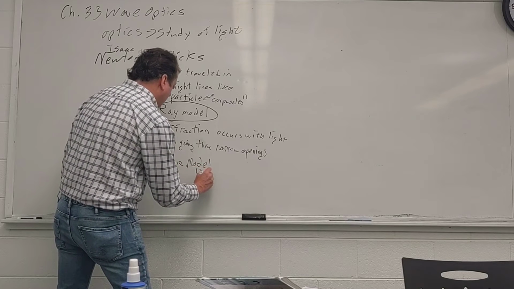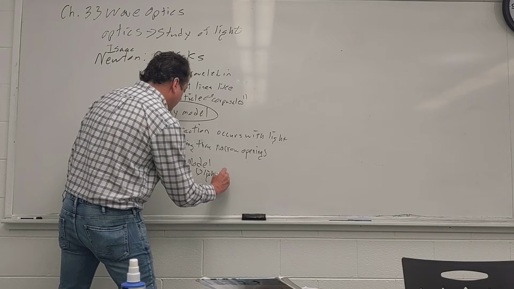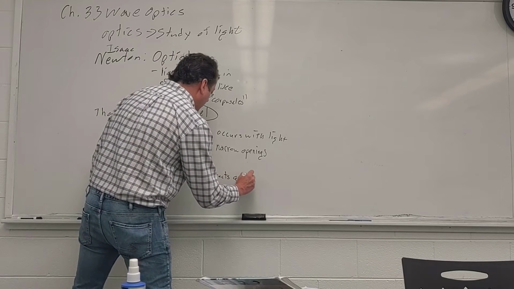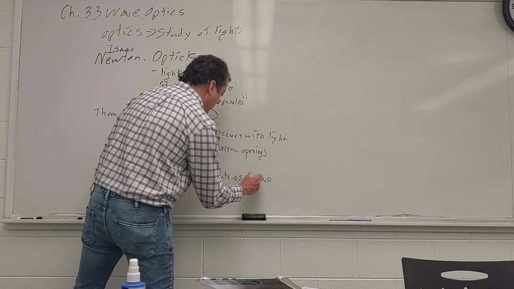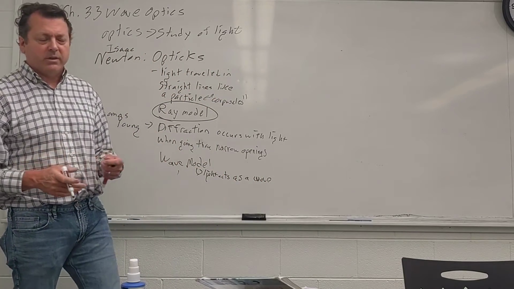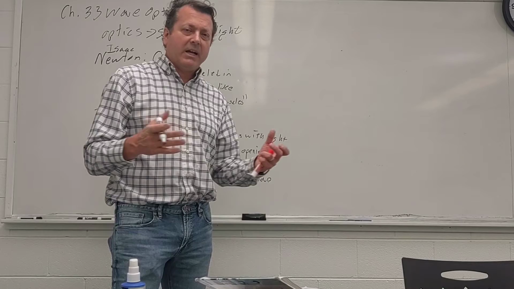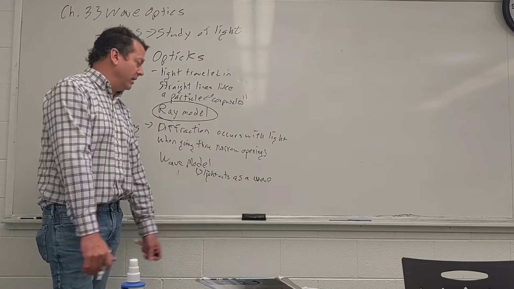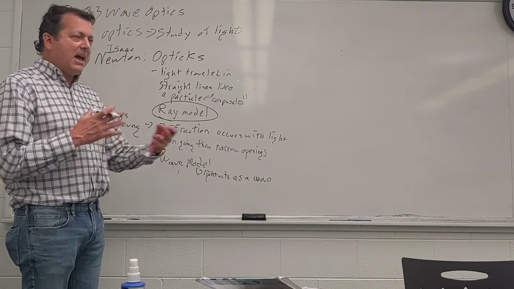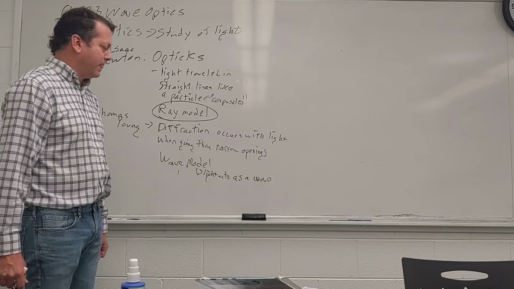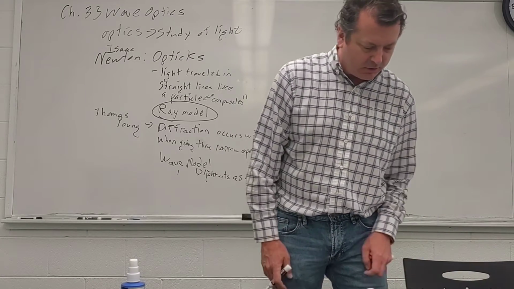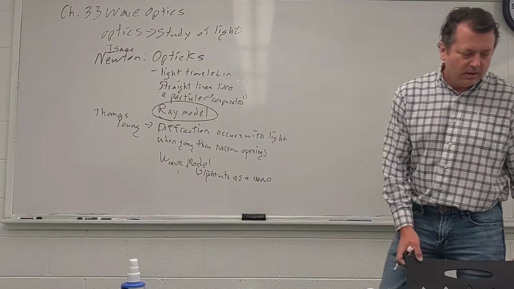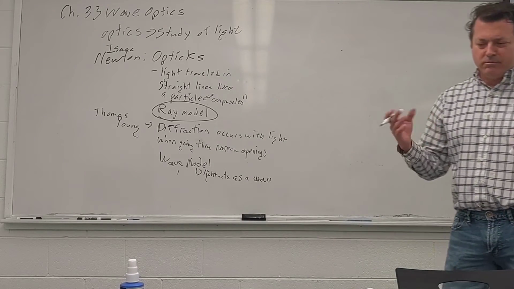Here, light acts as a wave. Now at the time they were thinking more of a compression wave. Of course, with what Maxwell showed, it's more like a sine wave or a transverse wave. But light has properties of waves. And this wave and particle duality, they call it, was an issue for a while: which one's which.